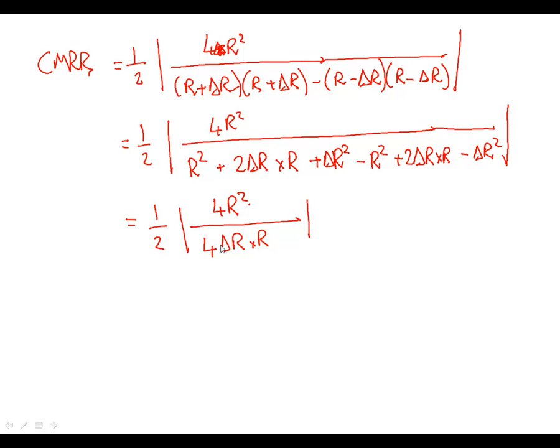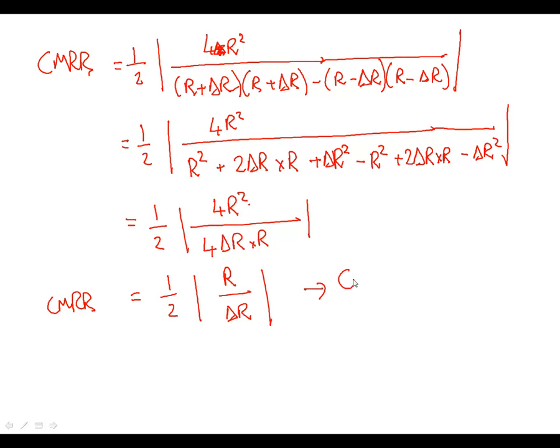If we cancel those terms, if we cancel the R squared with the R squared with the R, we cancel the 4 with the 4, we are now left with a fundamental value of common mode rejection ratio is equal to a half into R, the resistance value, over delta R, the actual value. So the perfect value over the actual value.